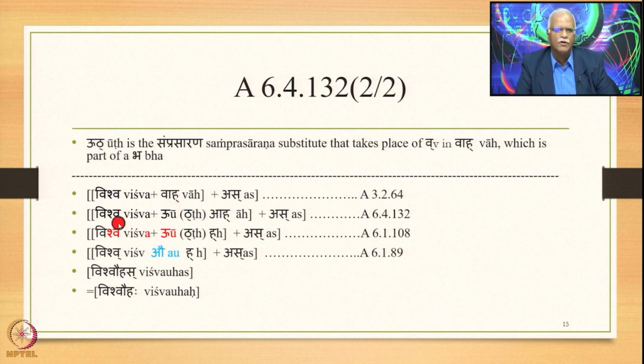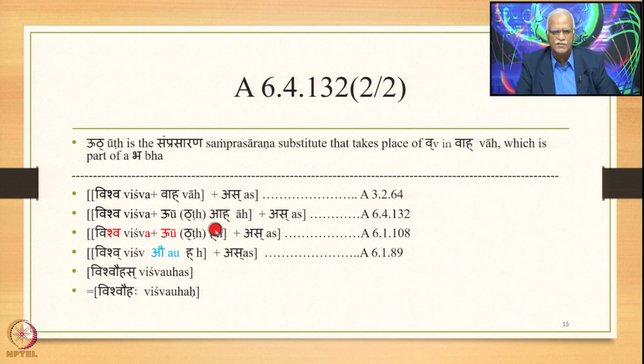So we have now Vishwa plus oot, the t is a marker, removed by the sutra halantyam, and so it gets deleted, and that's why it is mentioned in the parenthesis. The actual substitution is u. So this u and aha is the remaining part of vah. Only the va consonant gets this u substitute, and so you have u aha plus as.